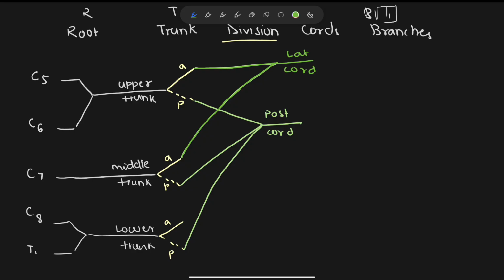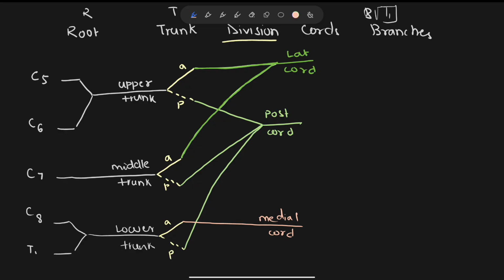Now we are only left with the lower trunk anterior division. Posterior is already done for the posterior cord. So the anterior division of lower trunk will form the medial cord. Now we will have only branches left.